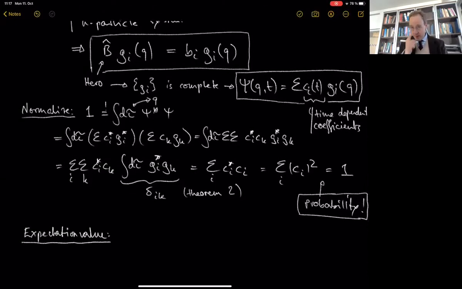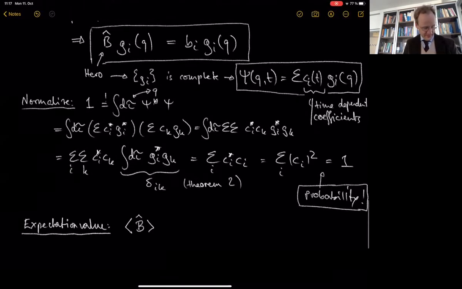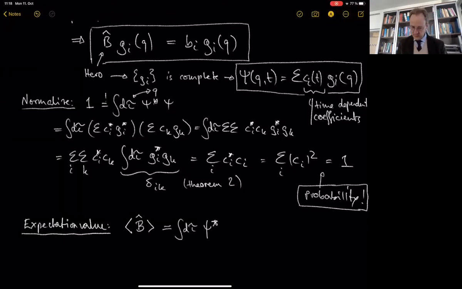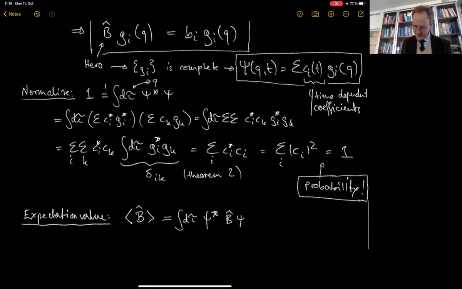So we define the problem through the eigenvalue equation, and the corresponding expectation value then should be the expectation value for our operator B. And now we can insert our series expansion. This is just a notation.